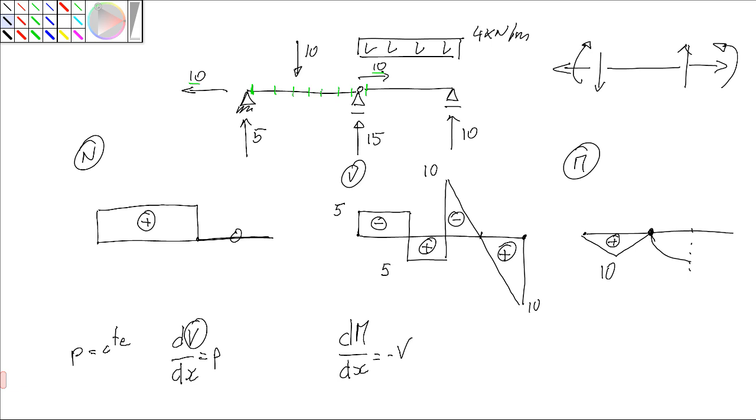And from this point onward, it starts with a tangent of 0, so it starts horizontal, but then V becomes negative, meaning that the moment starts to decrease.